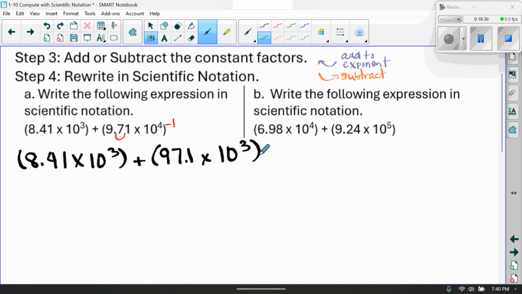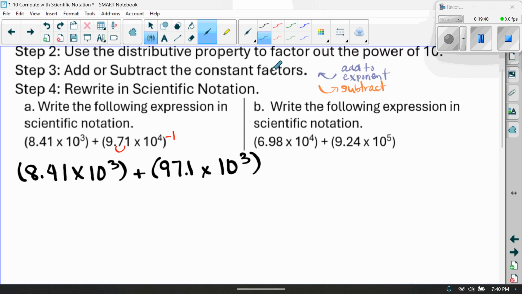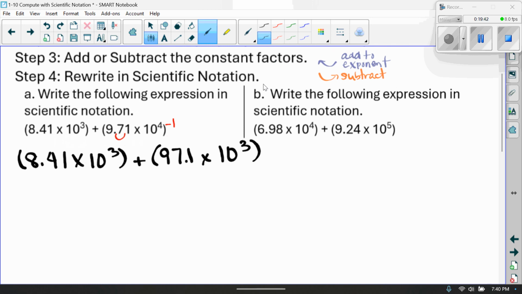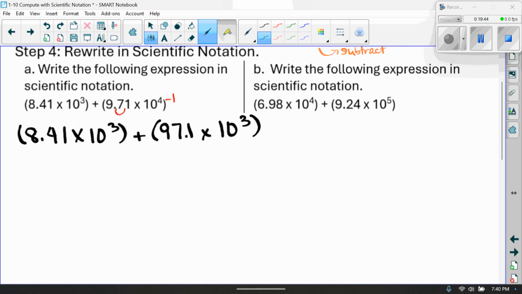Okay? And now, step 2 says that we want to use the distributive property to factor out the power of 10. So remember when we factored out the GCF? Here we're going to factor out this power of 10. That's going to go on the outside of the parentheses. So that's going to be 10 to the third on the outside of the parentheses, and I'm going to put it at the end because that's where it is in scientific notation.